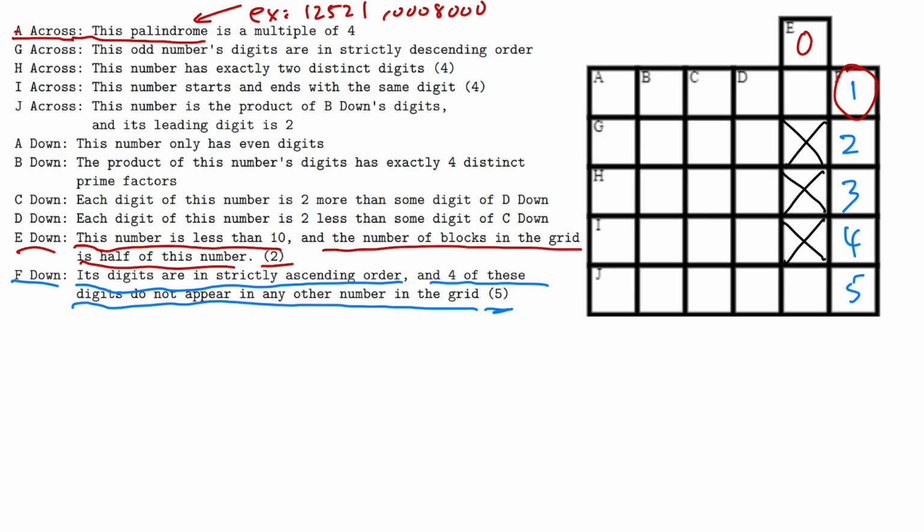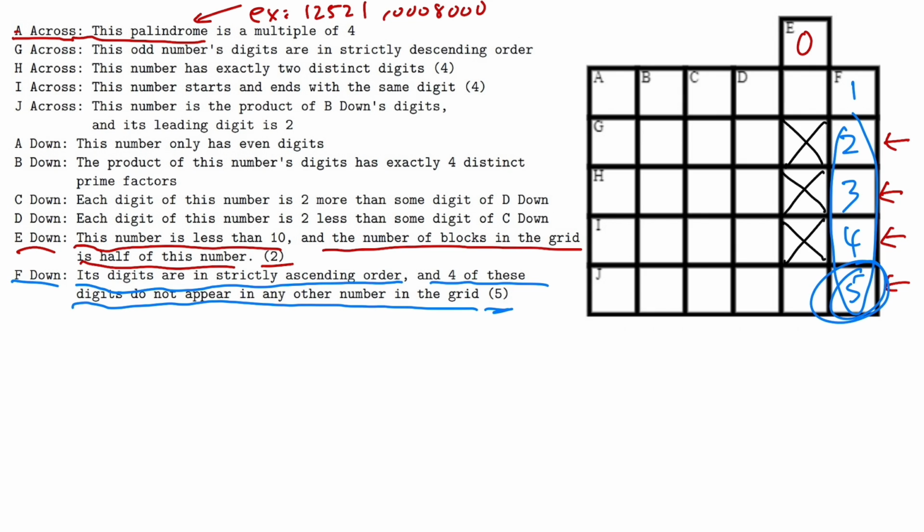In fact, based on F down and what we mentioned earlier, we must know that these 4 digits here must be unique. So if I put down 2, 3, 4, 5, that means I shouldn't see any 2, 3, 4, 5 in any other boxes. And here's the key. This right here is a 5, yeah?